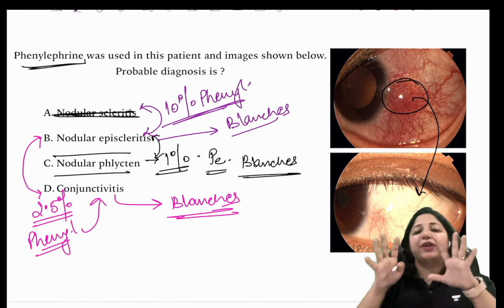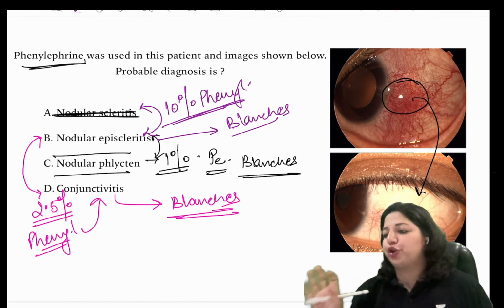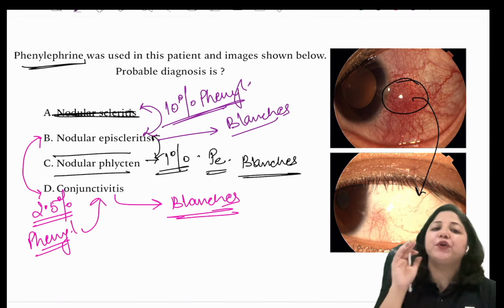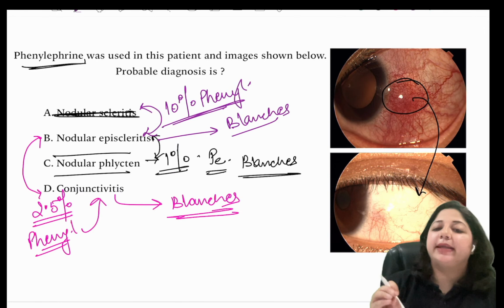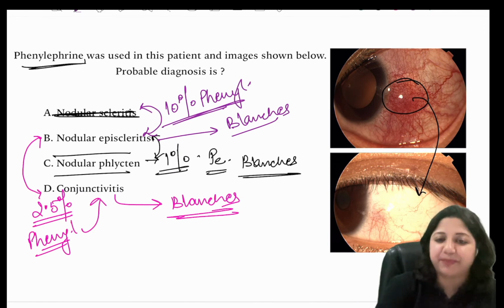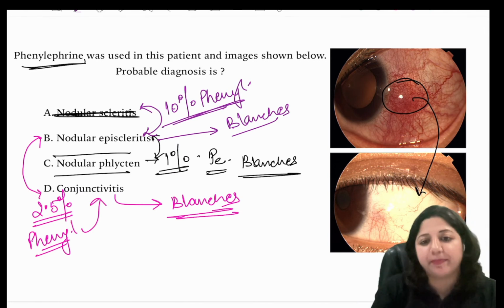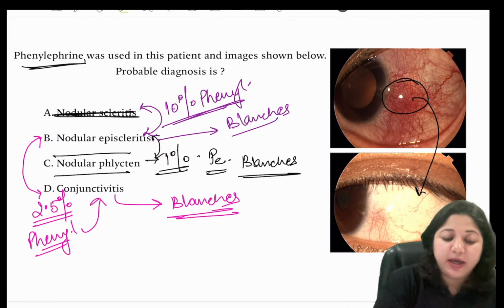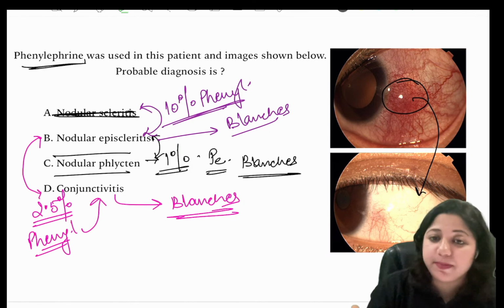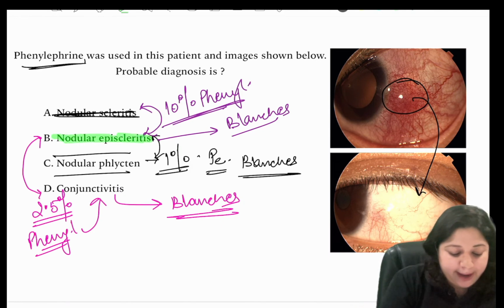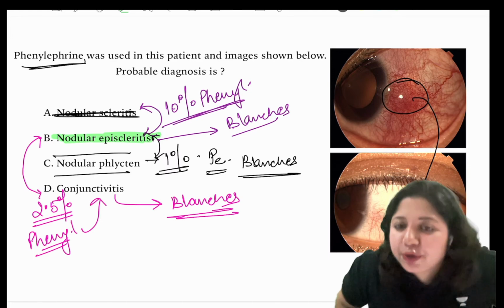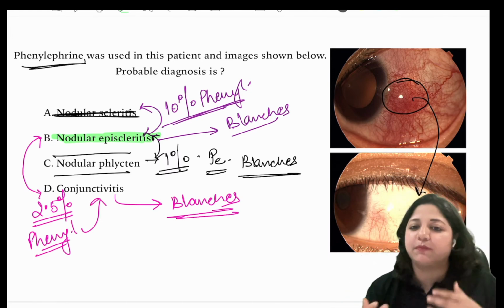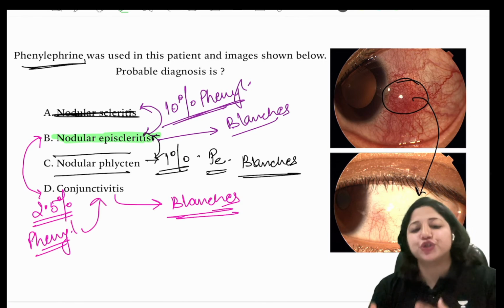So this is the question till now which has actually put me in a little confusion about what the correct answer was. But even if you do not remember the percentage, or if the question did not mention any percentage, my most common answer, which is the most probable answer, would be nodular episcleritis. So we do come across such questions where we expect a little more to be told, but it is not there.